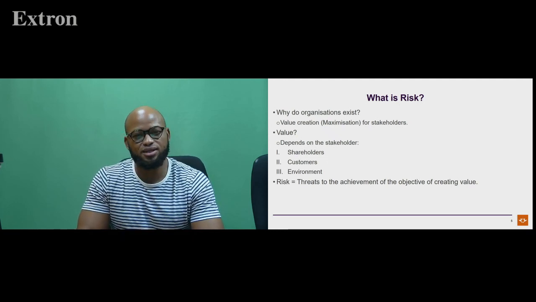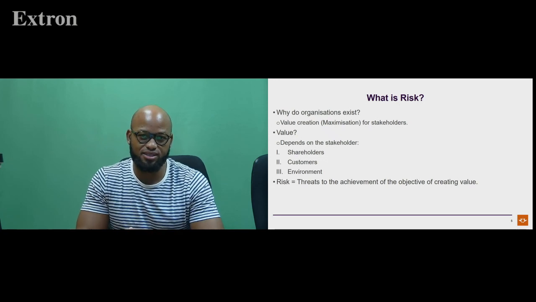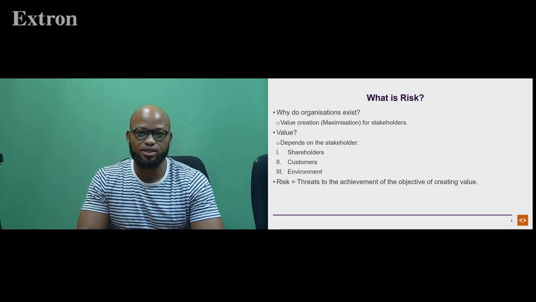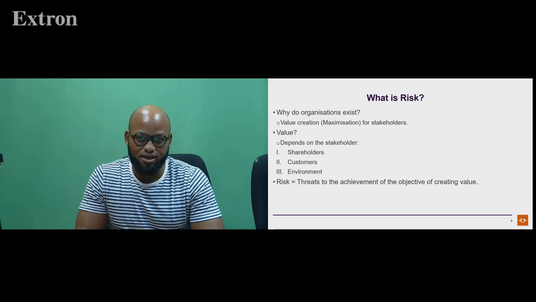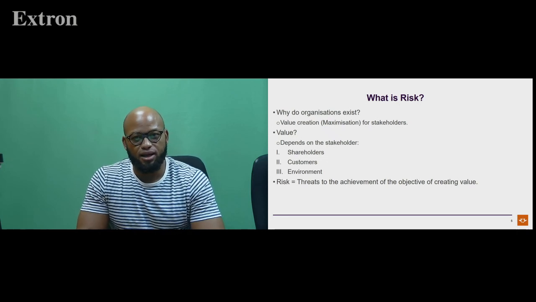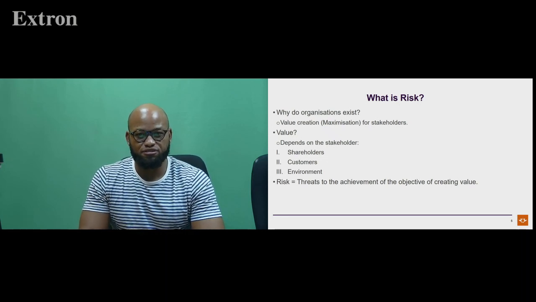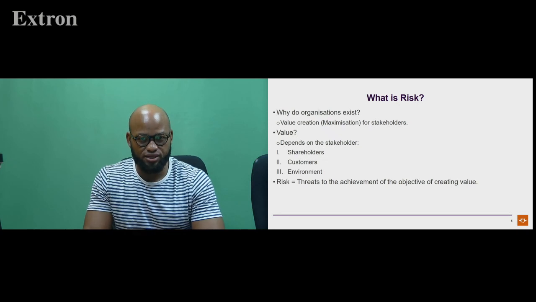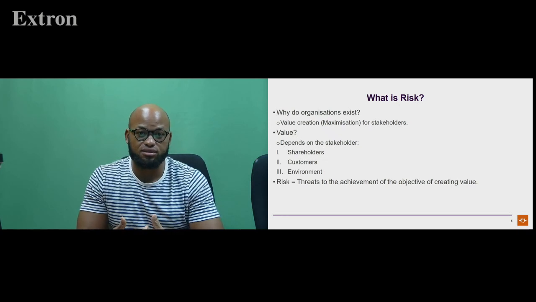Now the environment doesn't have a voice, unlike customers and shareholders. It cannot attend annual general meetings and so on. However, whatever it is that a company does will have an effect on the environment, which will have an indirect effect on us, the human race.